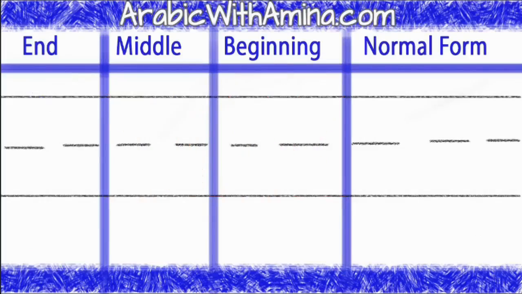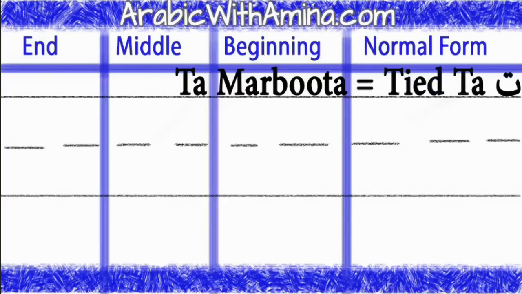The second letter that is not considered part of the alphabet is called ta marbuta, and in English that would translate to a tied ta, as in this ta. And you'll know why it's called that way because of its shape. It's very similar to it, but instead of it being open from the top, it is a circle.